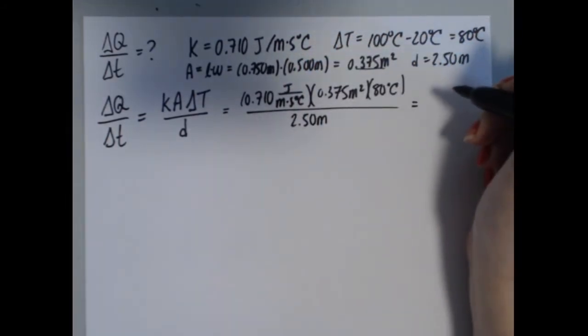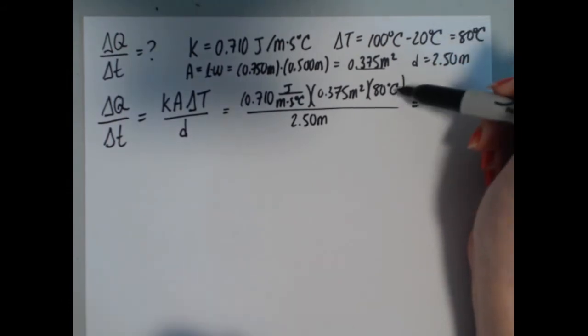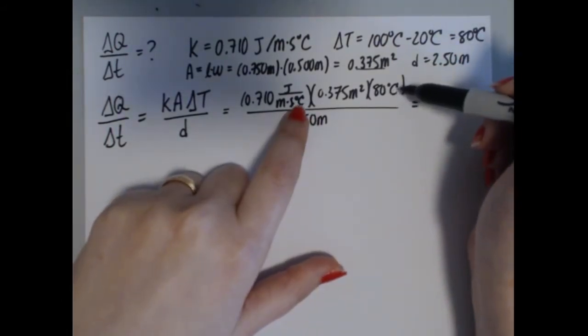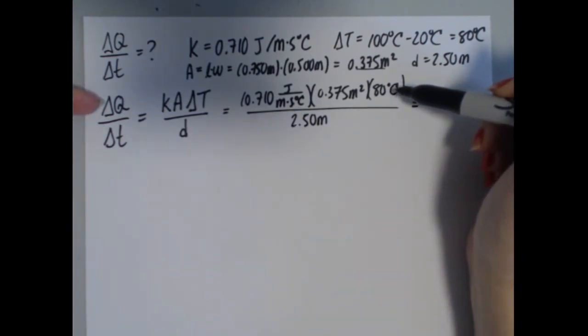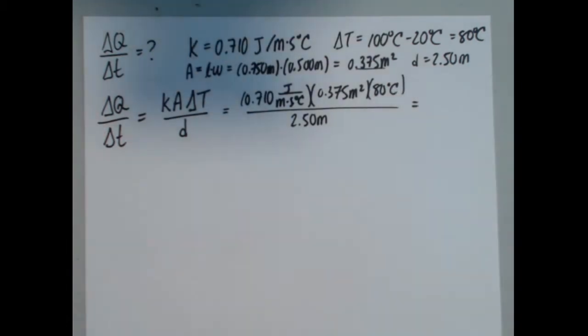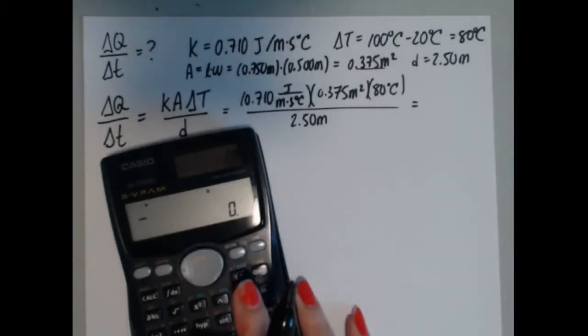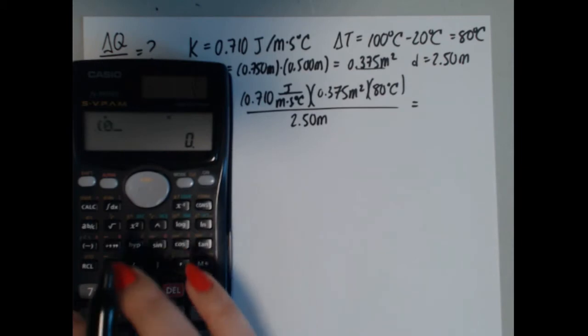Because I'm plugging in all my SI units, and the Celsius is canceling out with the Celsius, I'm going to be left with the units that I would expect. Q is a measure of energy, so it'll be measured in joules. T is a measure of time, so it'll be measured in seconds. So the unit I would expect is joules per second.